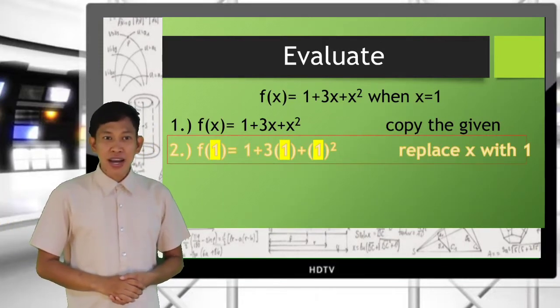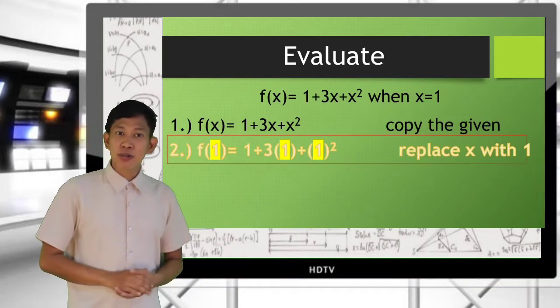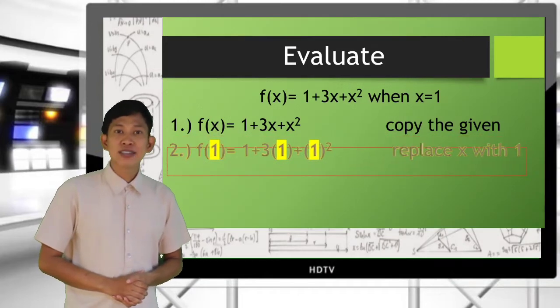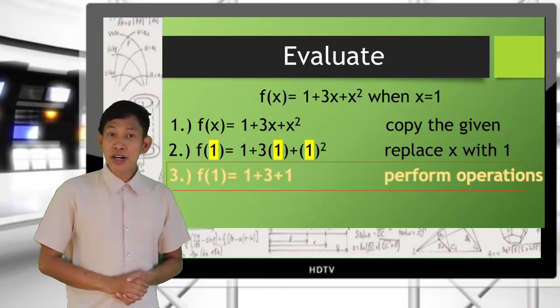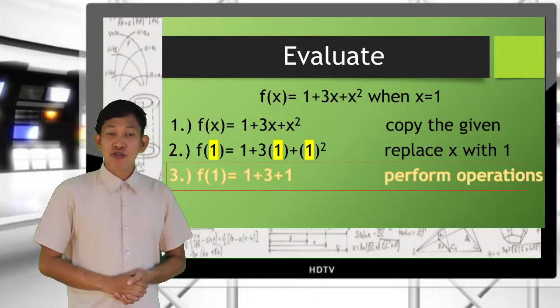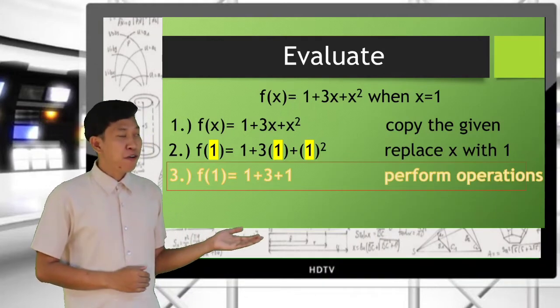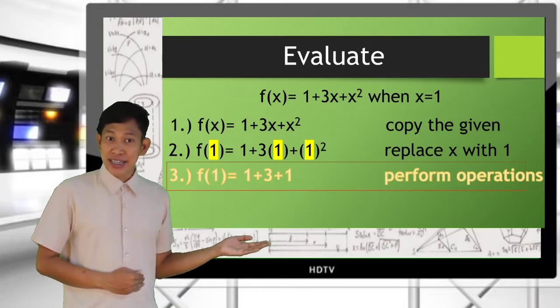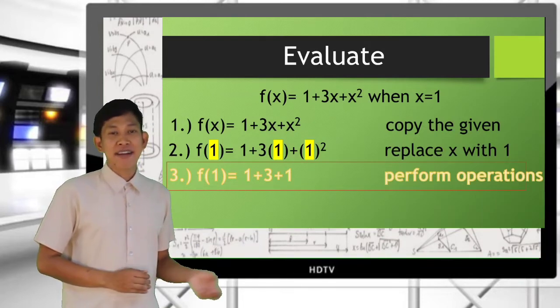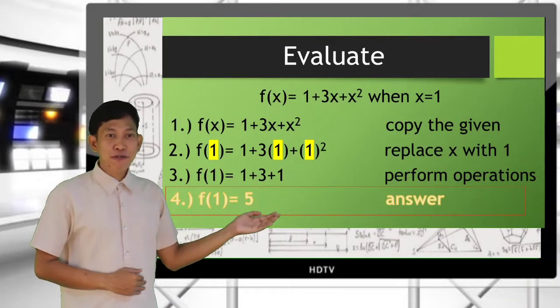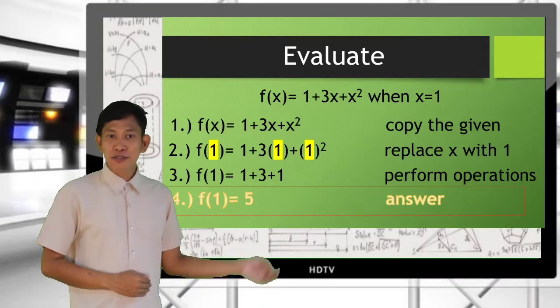So we have f of 1 is equal to 1 plus 3 times 1 plus 1 squared. And the third step, perform operations. So we have now f of 1 is equal to 1 plus 3 plus 1. And our final answer is f of 1 is equal to 5.